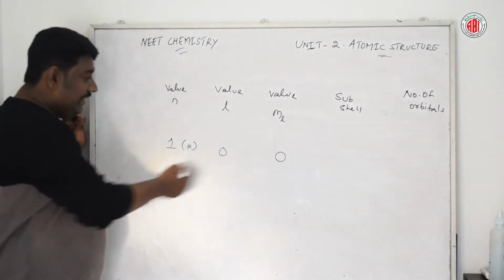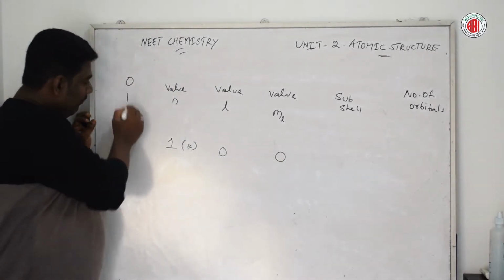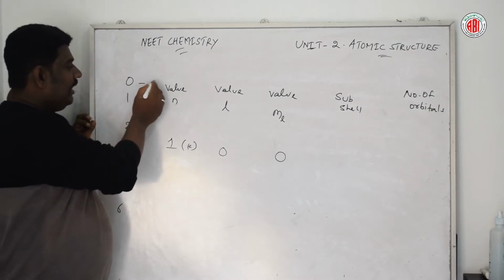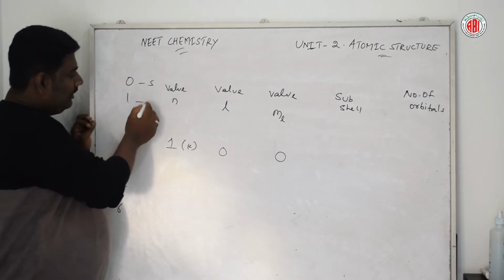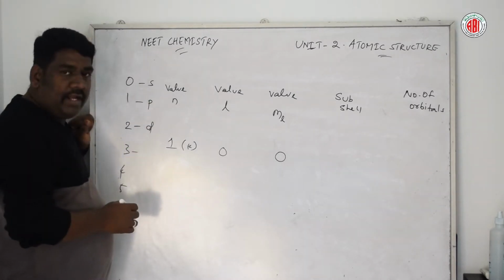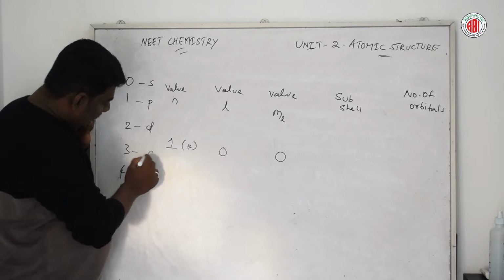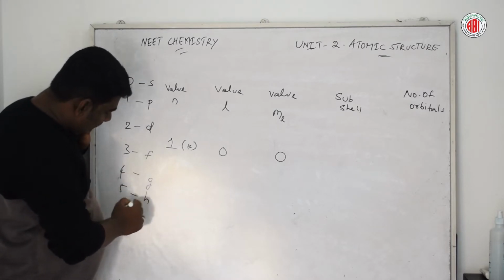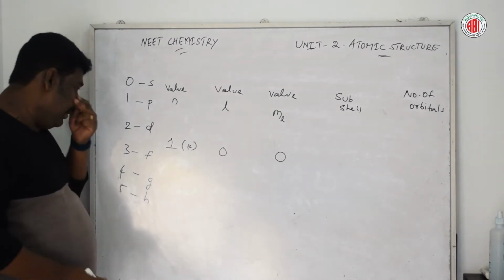As we know, 0, 1, 2, 3, 4, 5: 0 stands for s orbital, 1 stands for p orbital, 2 stands for d orbital, 3 stands for f orbital, 4 stands for g orbital, and 5 stands for h orbital.